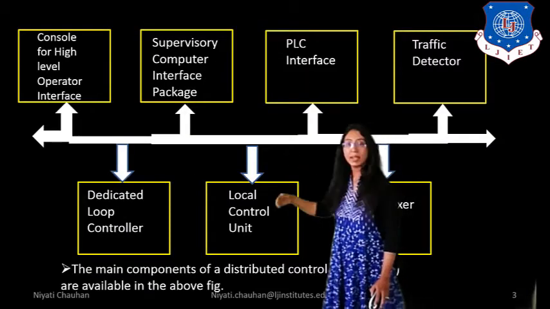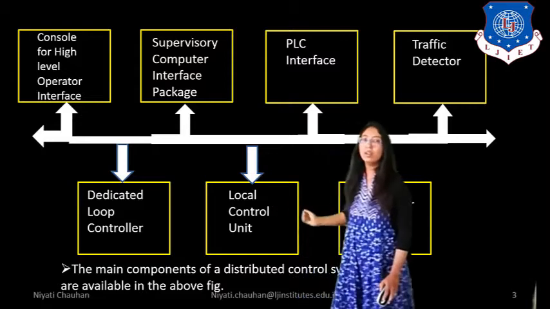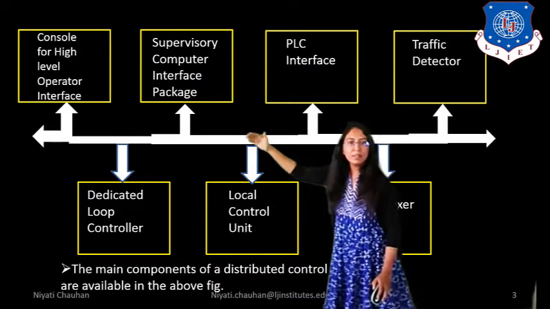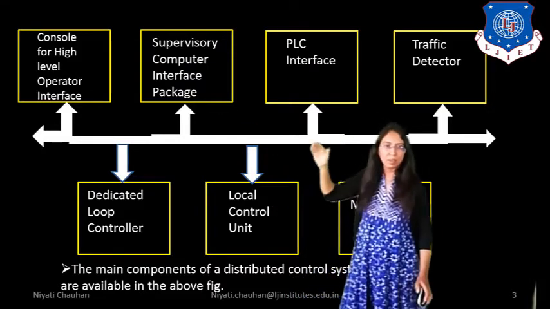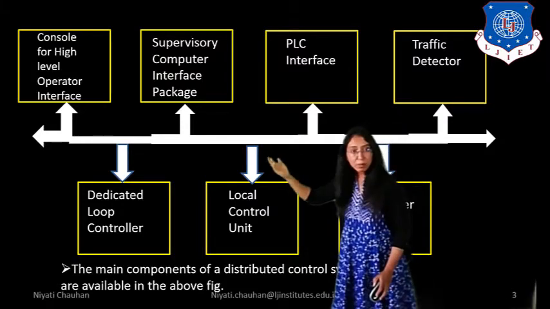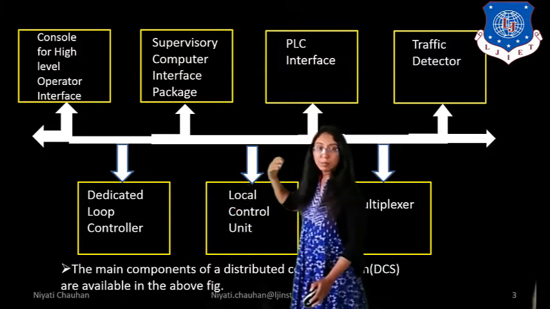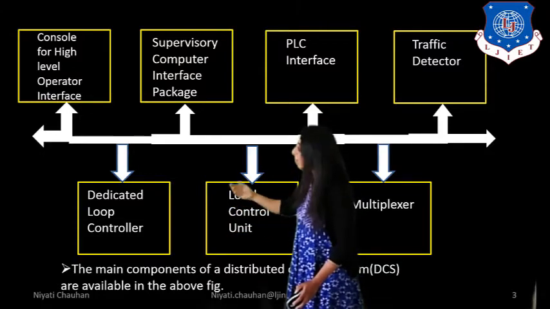Here our dedicated loop controller is connected with the control unit. This is our data highway. If our data highway or central processor fails, in the dedicated card controller our process keeps running.